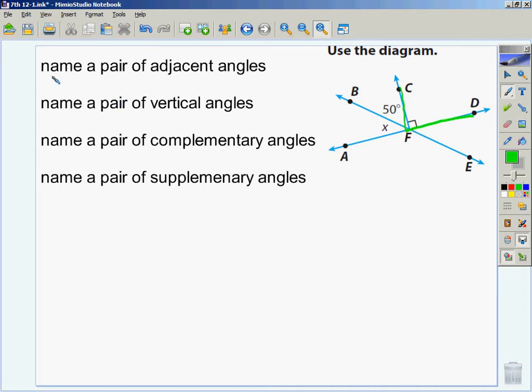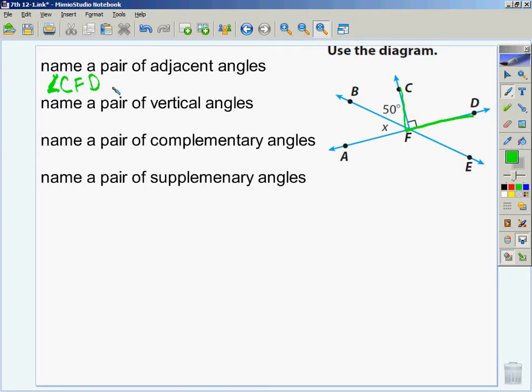So I'm going to say angle CFD. Okay? I picked this one. CFD. That's an angle symbol. It kind of looks like a greater than, less than symbol, but it's not quite the same.